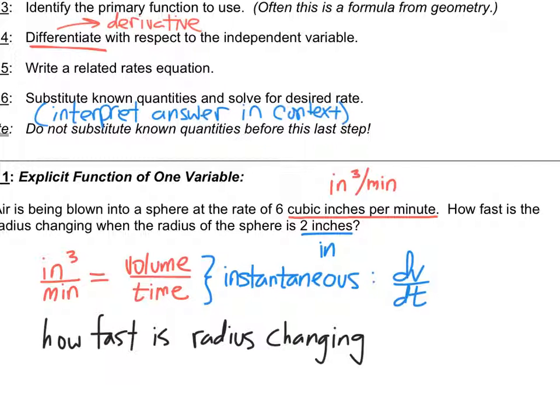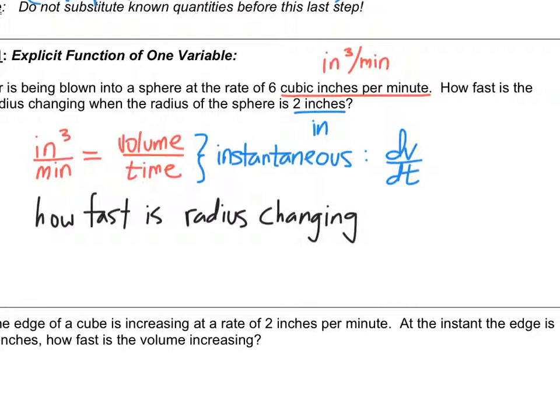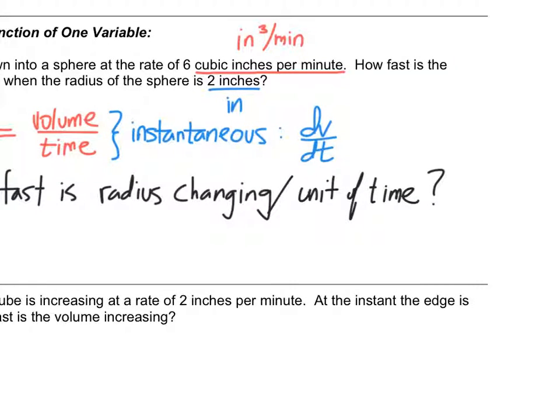Well, the volume is changing per unit of time. Does it make sense that the radius would also be changing per unit of time? Yeah, so per unit of time. Would that be on an instant level also? Yes, probably. So that's asking us for a dr dt.